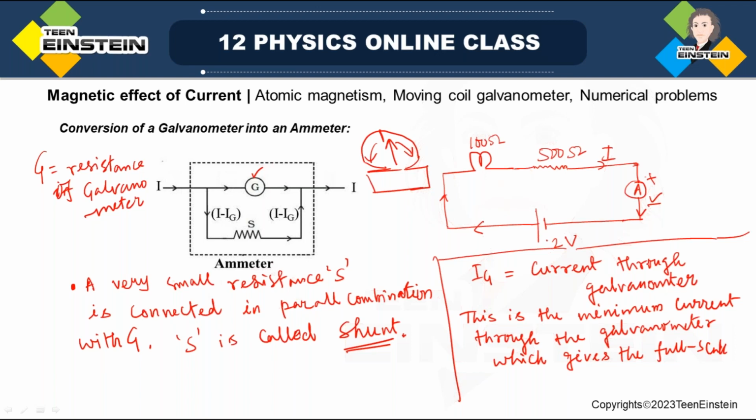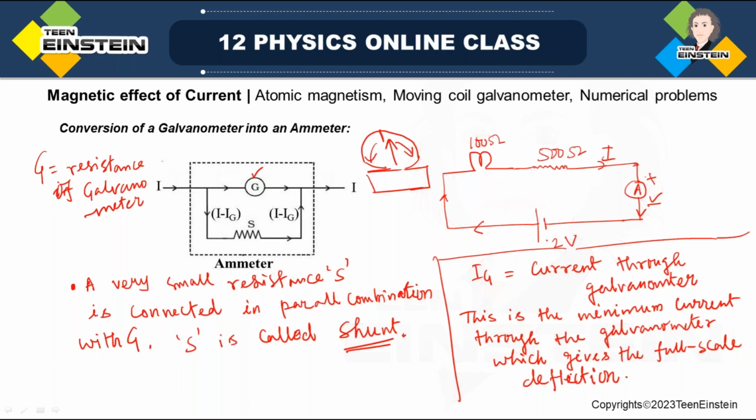So galvanometer current means it can give the full scale deflection. Sometimes in the problem, maximum deflection can also be mentioned. So full scale deflection of the pointer. This is the minimum current which is required for full scale deflection.